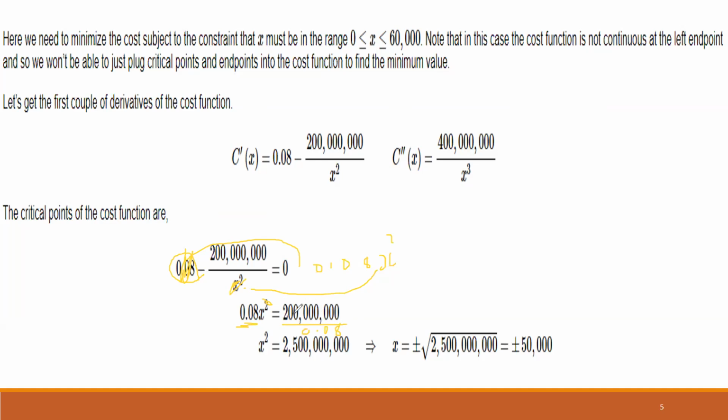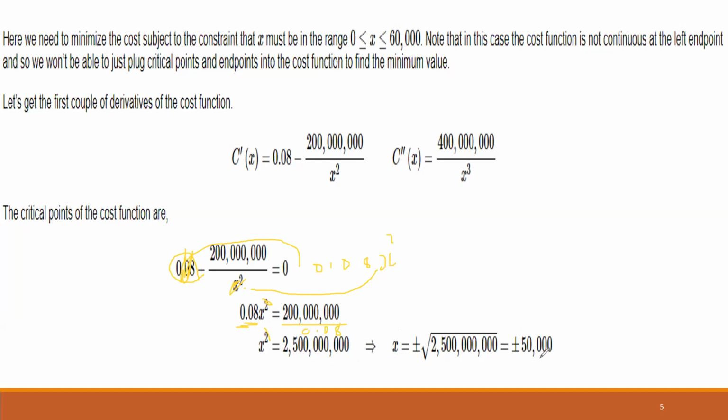Right? 200 million divided by 0.08, you'll end up having 2,500 million, right? And then to get rid of this square, you square root this value here. So the value for x is equal to plus or minus 50,000.